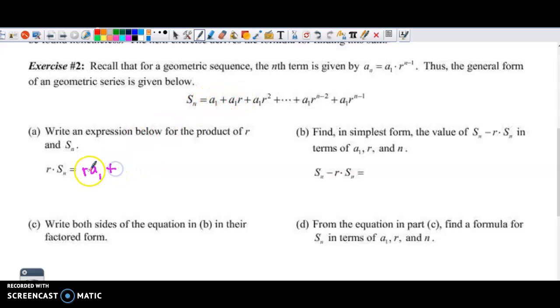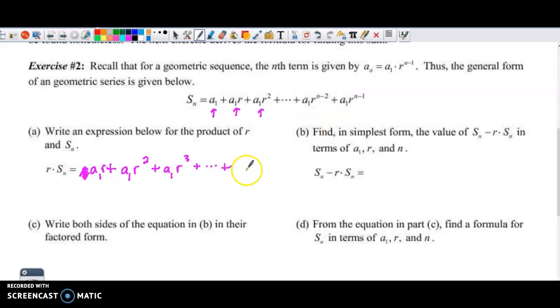So r times a1, plus a1 times r squared. And I hope you realize what I'm doing is I'm multiplying each one of these terms by r. So the next one would be a1 times r cubed, and so on and so forth.